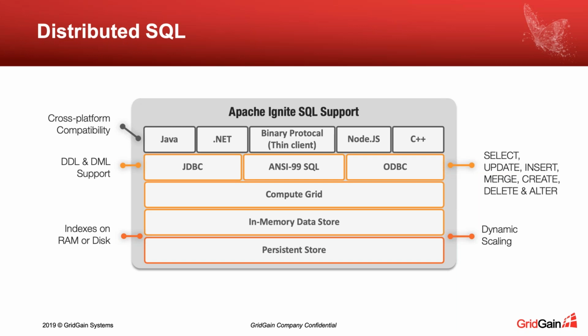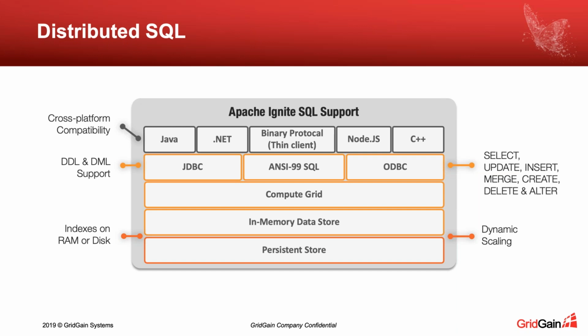And the migration to Apache Ignite was always pretty, not even simple, I wouldn't say simple, but at least it was much more simple than it would be to any other distributed systems and technologies because of SQL support.